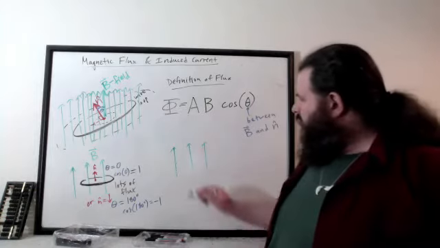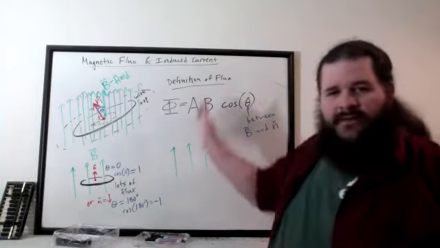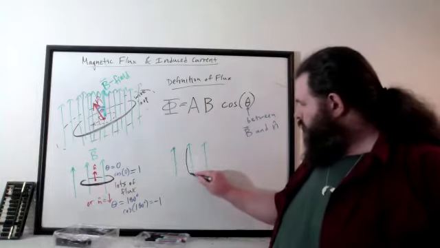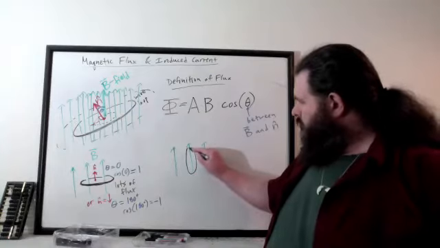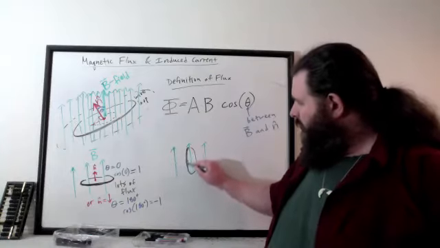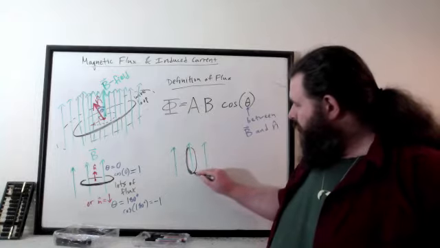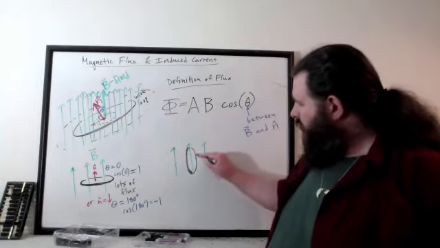On the other hand, if your loop of wire is oriented vertically, let's say you have a loop of wire shaped like this, and I'm going to shade in this region to represent that it's closer to the viewer, and this region is further from the viewer.